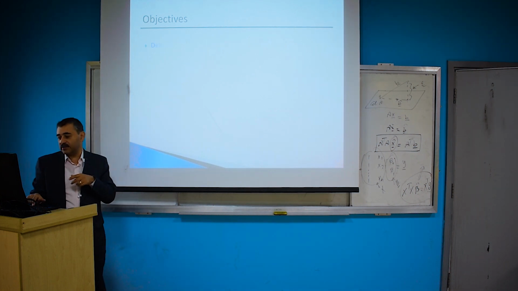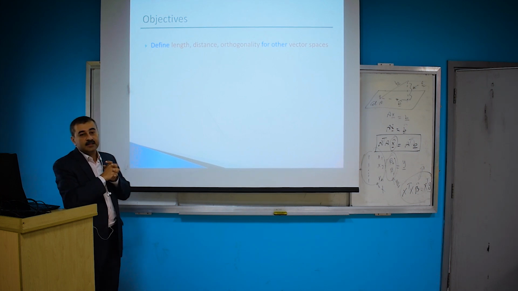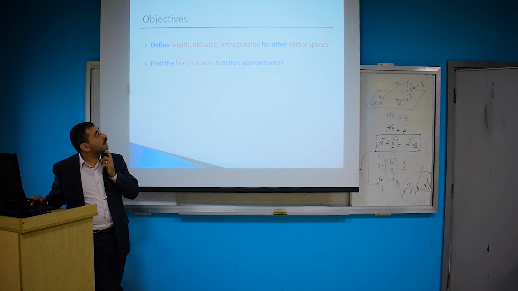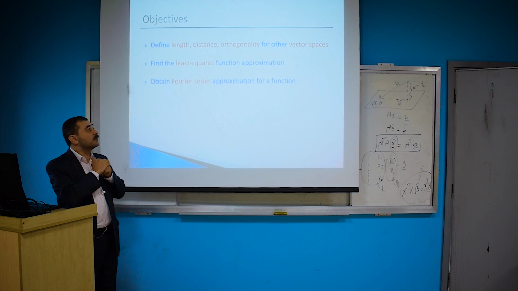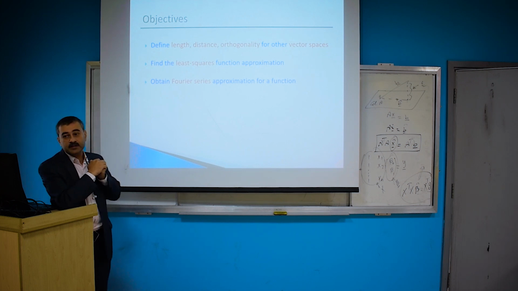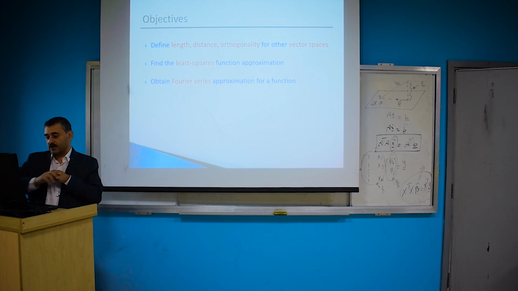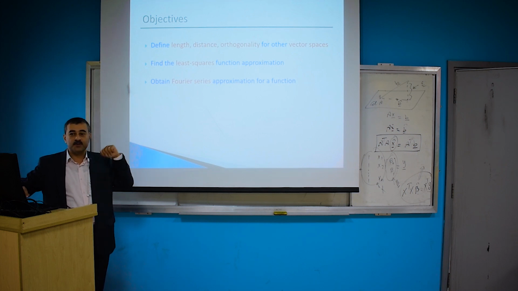So we'll start by defining length, distance, and orthogonality in other vector spaces, and find least square approximation and use it for function approximation and to find the Fourier approximation. Okay? So let's start with the extension for the first ones in other vector spaces.